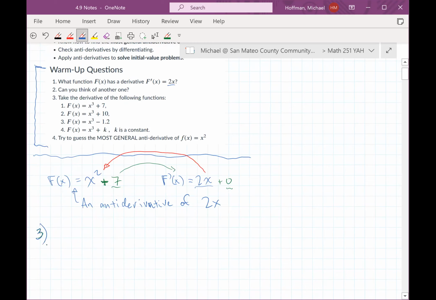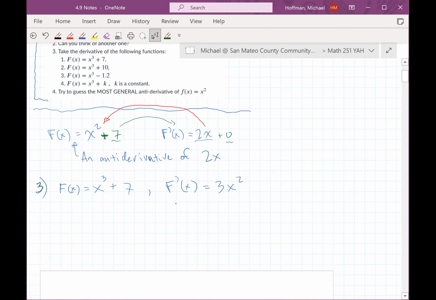See if we can see a pattern in F of x equals x cubed plus something. What is F prime? That constant goes to 0, and I get 3x squared. And in fact, if you do all of these, you'll get 3x squared, all of these values.